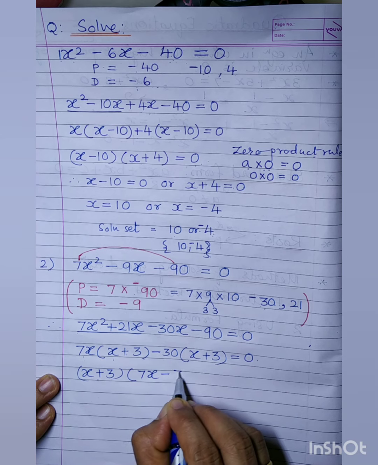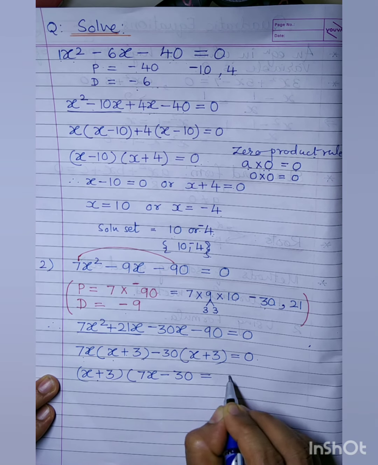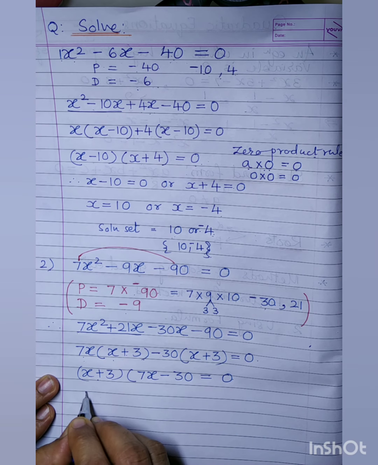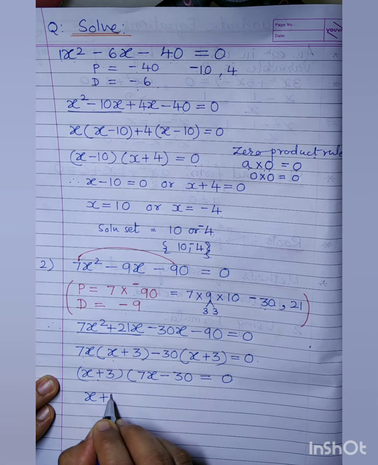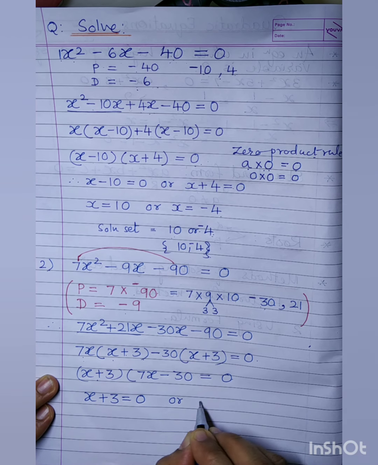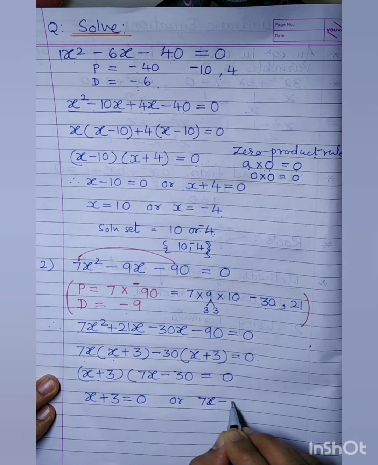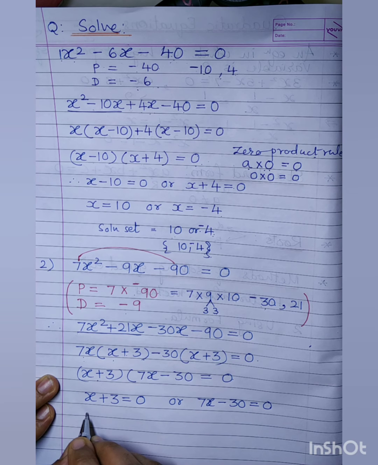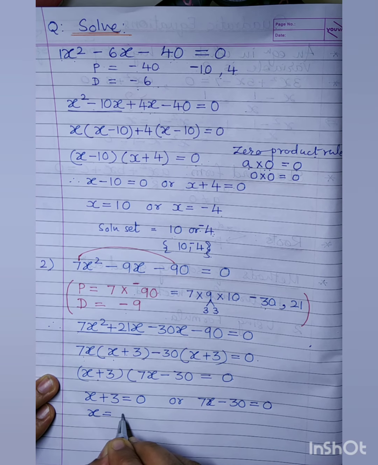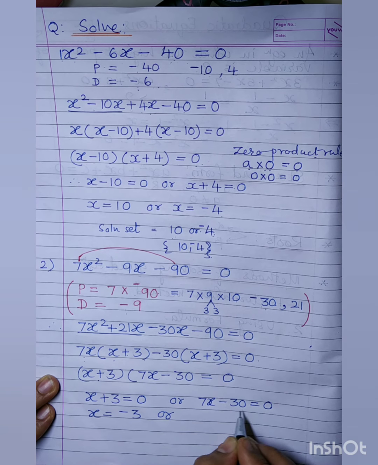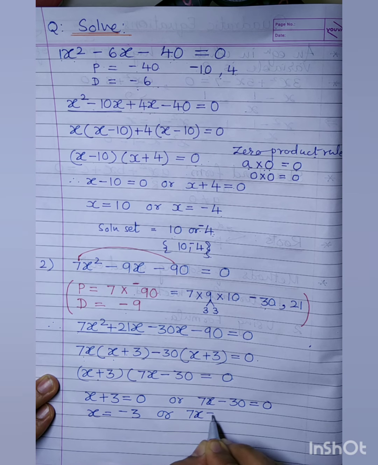What will be the second factor here? 7x minus 30 is equal to 0. Then using zero product rule, what do you have? x plus 3 is equal to 0, or 7x minus 30 is equal to 0. This gives you x is equal to 0 minus 3, that is minus 3, or 7x equals 30.